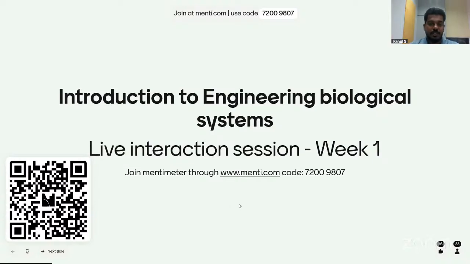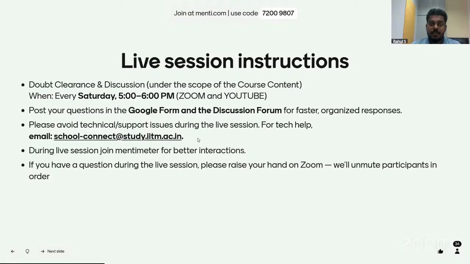So yeah, before seeing how the Mentimeter helps us, let me again reiterate why we have joined here. Like I said, this is just to clear your doubts. Either it can be related to the core lectures which we have given in the course, or anything related to biotechnology. If you have any doubt, whatever it is, or how the course can help you, we can discuss here.